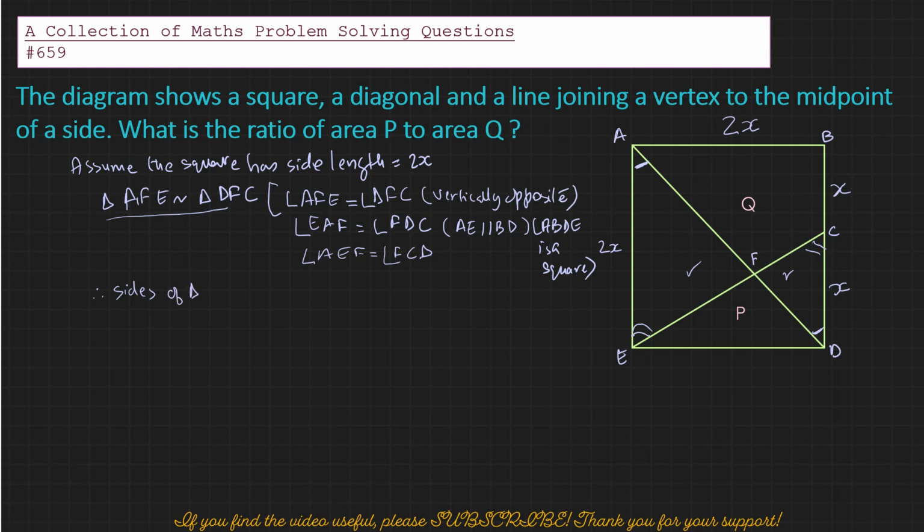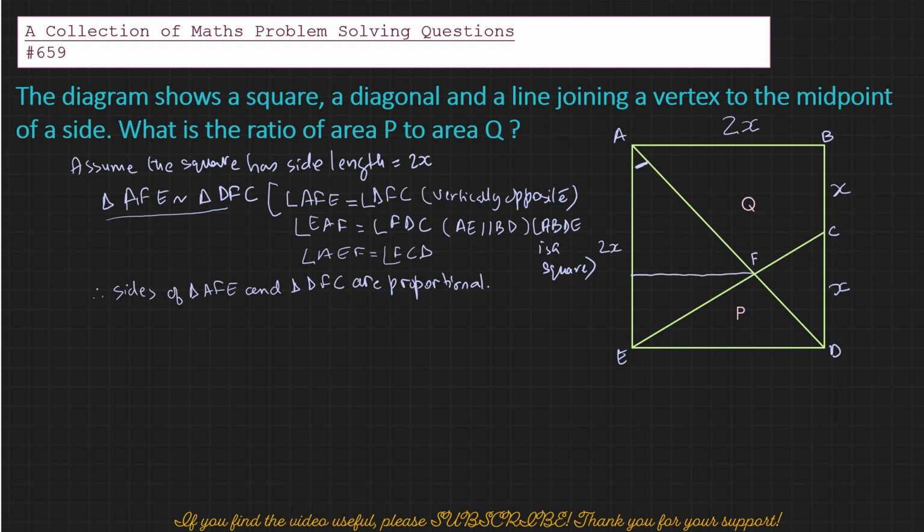The sides of triangle AFE and triangle FDC are proportional. So what is the area of triangle AFE? We have to draw a height.